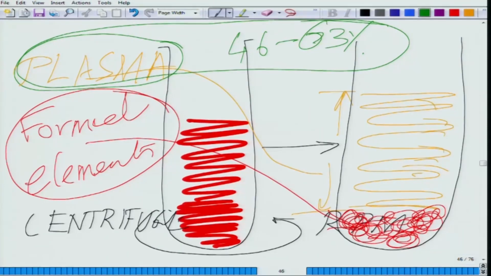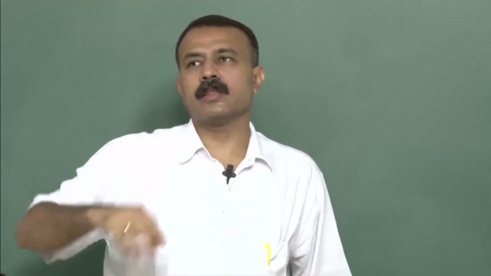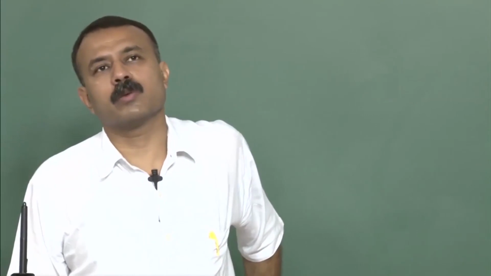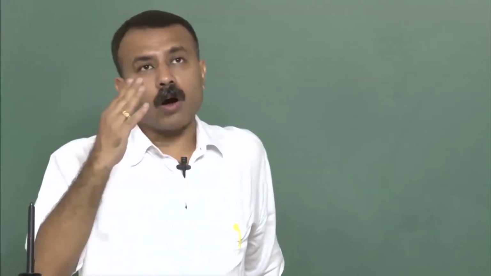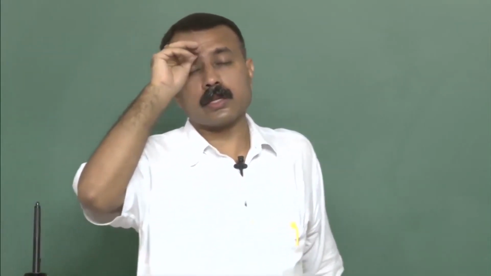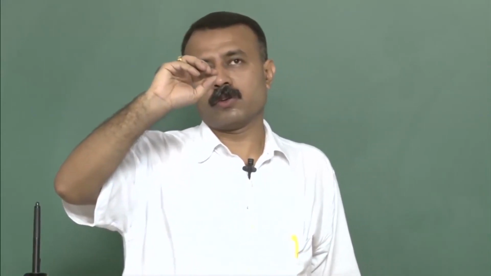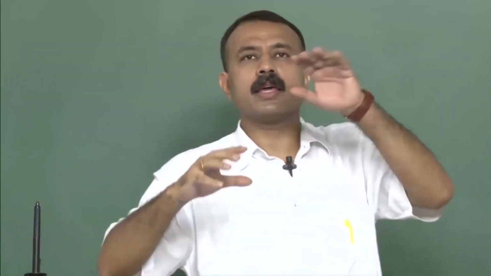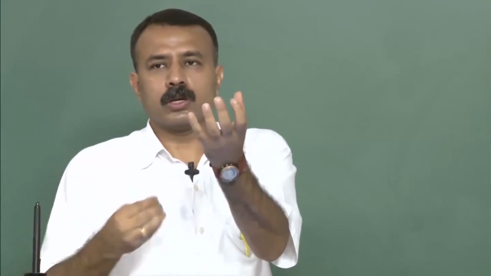Now, I talked to you about the different formed elements. Now, I will talk to you about the different proteins which are present there, and these are called plasma proteins. So, the plasma component consists of protein elements. You can imagine that a cell is a bigger particle, huge, while protein is a micro nanoparticle.